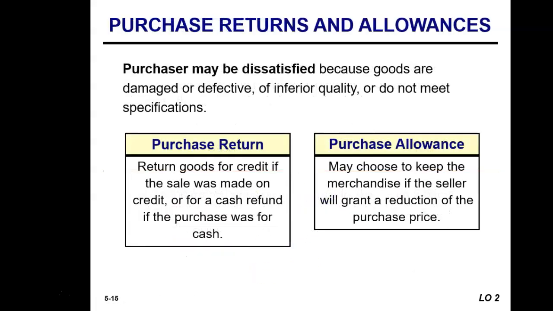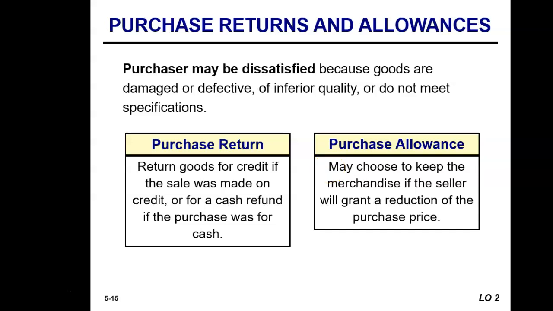Okay? Next up, purchase returns and allowances. A purchase return is when you purchase a product, but the product was returned. Perhaps it was damaged, defective, didn't fit right, didn't meet your specifications. For some reason, you decide to return their product. That's known as a purchase return. With a purchase allowance, you choose to keep the product, but once you receive it, it was damaged.